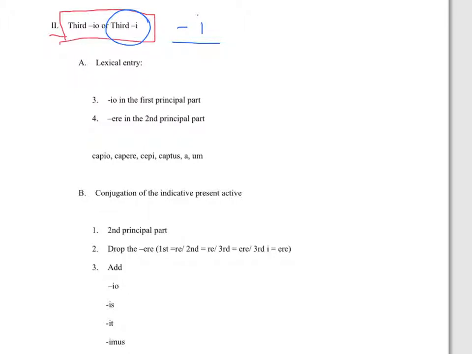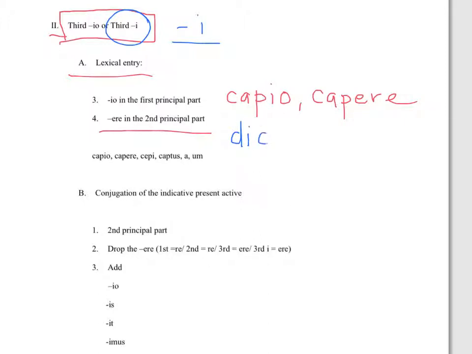The lexical entry is the first thing that you have to understand. It has an IO in the first principal part, hence the name third IO. Capio. And then in the second principal part, you have an ERE. The second principal part is the same as the regular third conjugation.